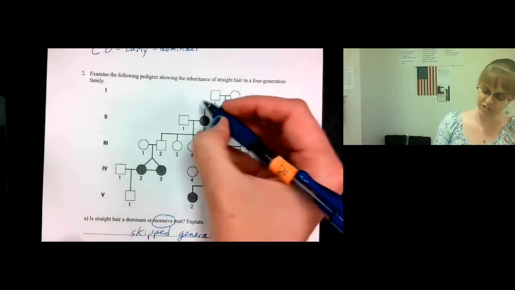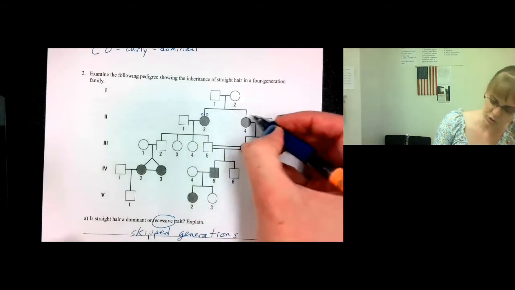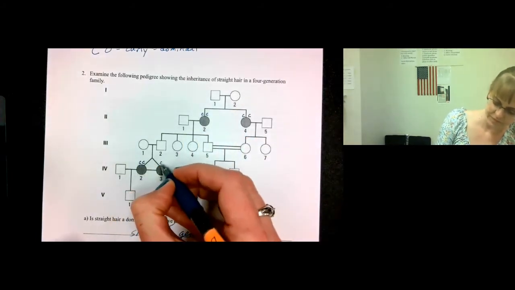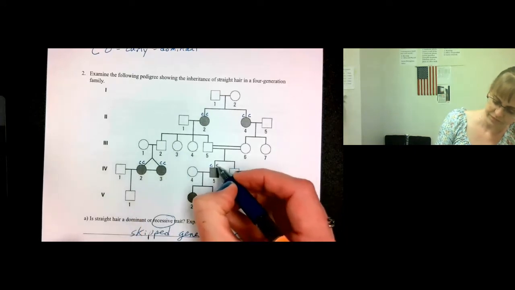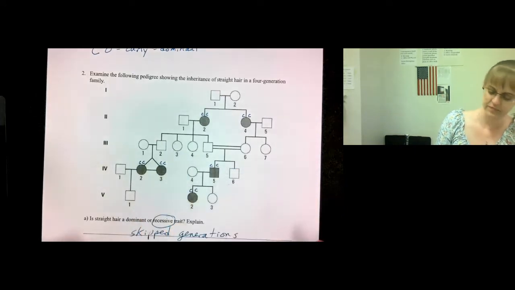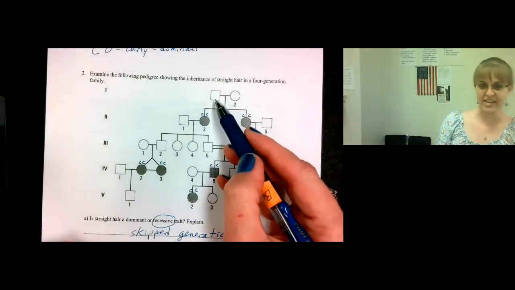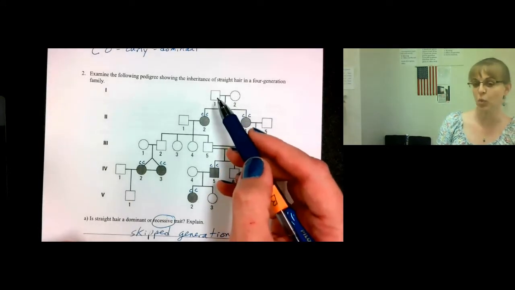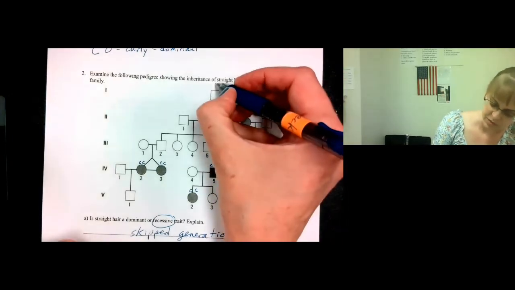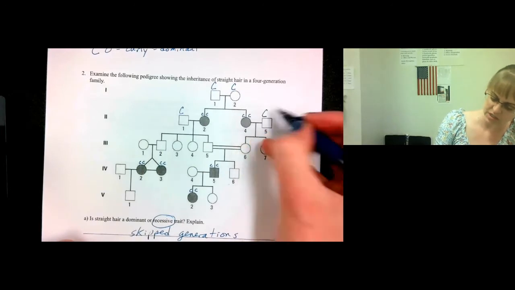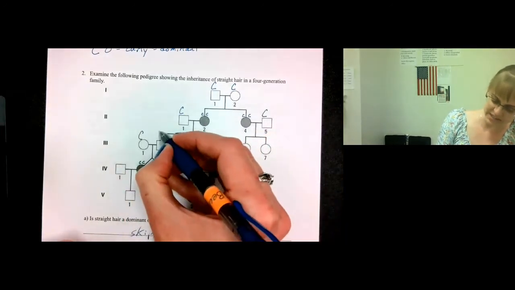So each person with straight hair has 2 recessive genes. Now, each person with the dominant trait must have at least 1 capital letter. So we're going to put 1 capital C for each person who does not have straight hair.